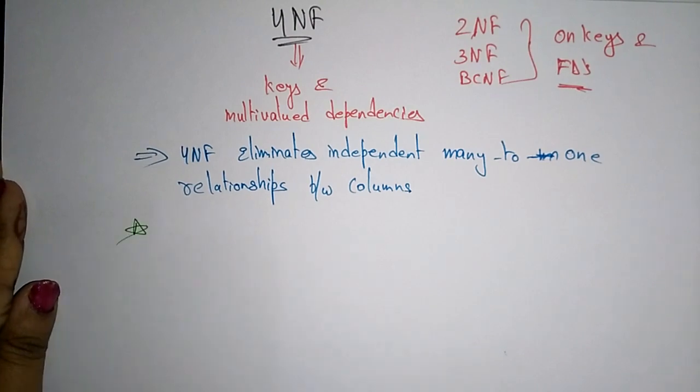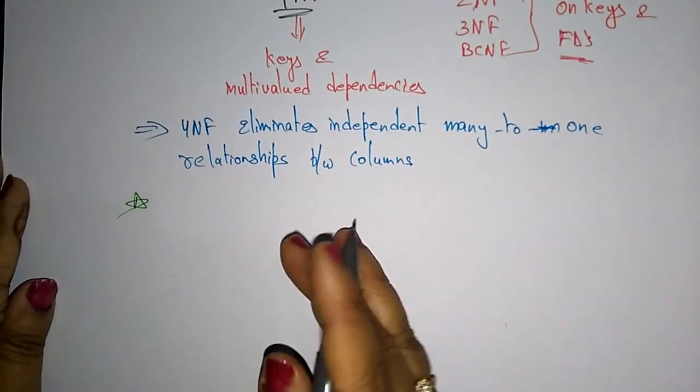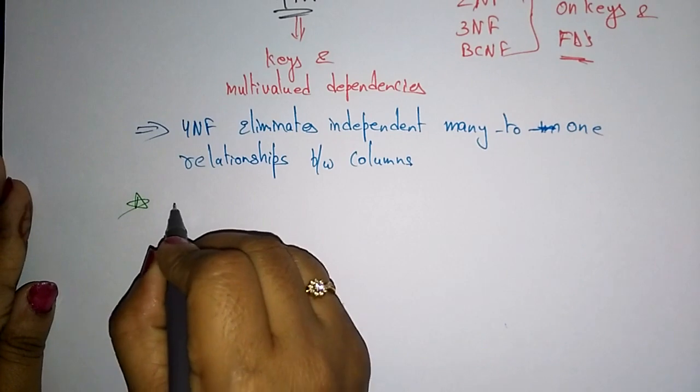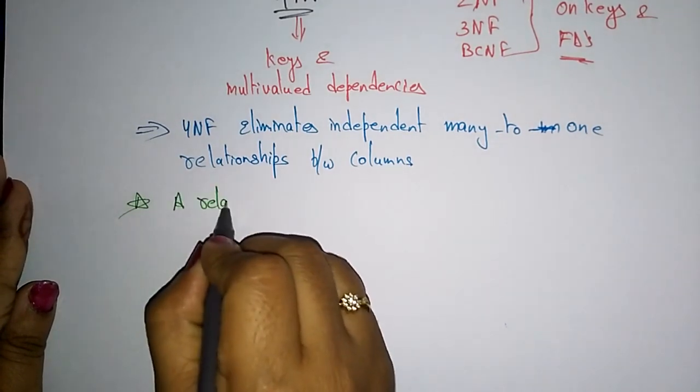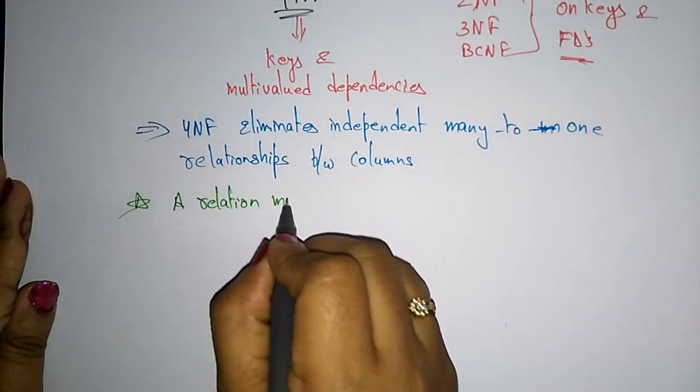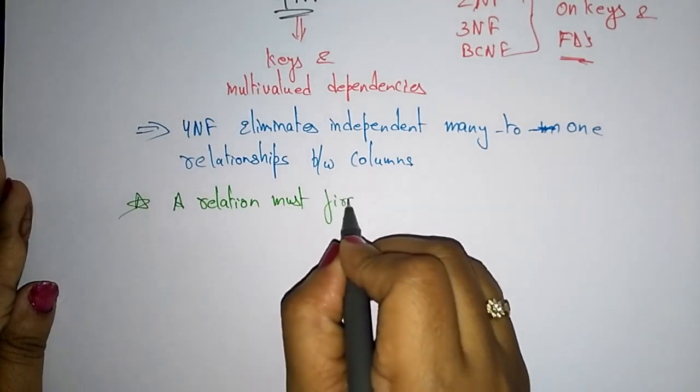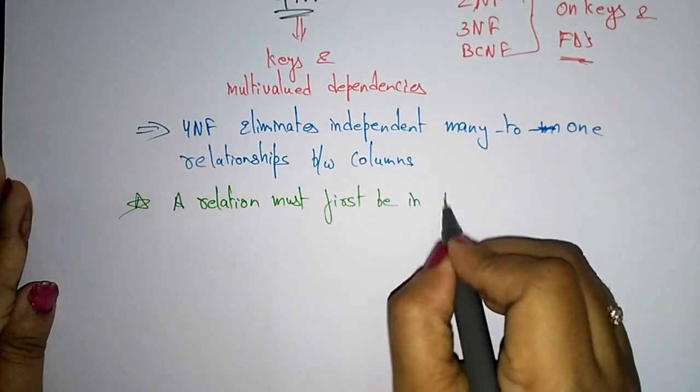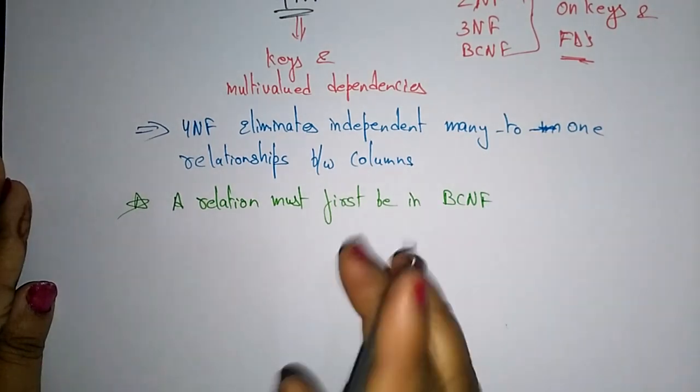Now, for a table to be in 4NF, the first thing is that a relation, which means a table, must first be in BCNF.